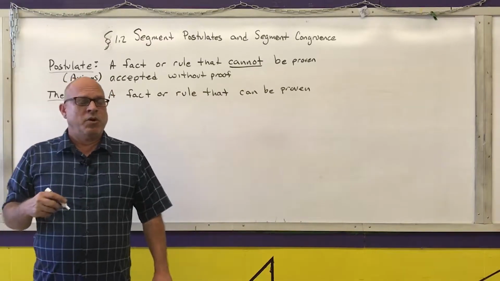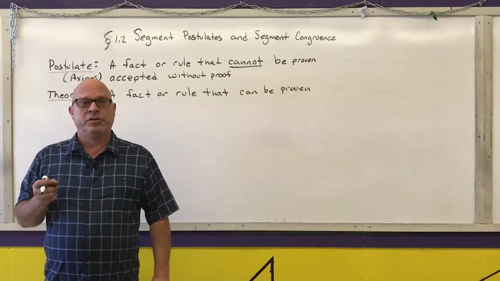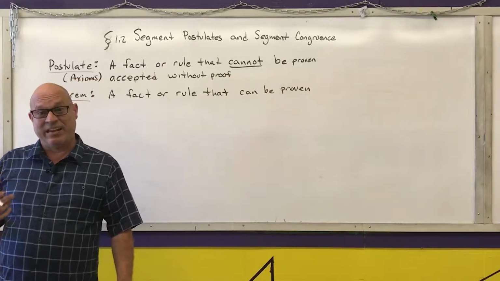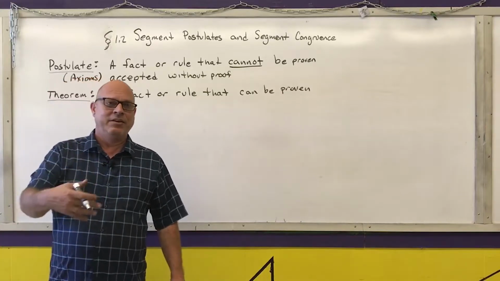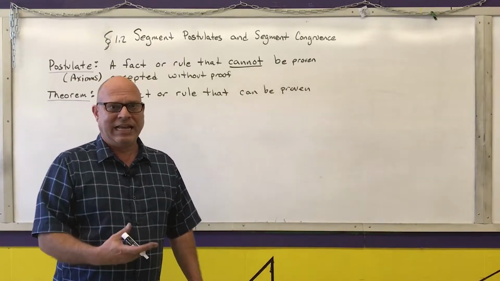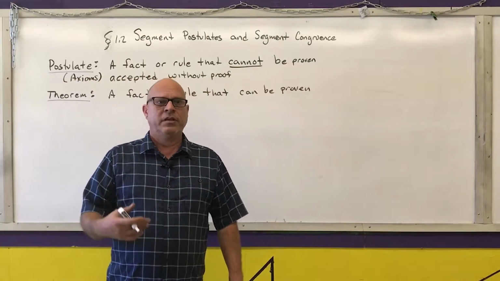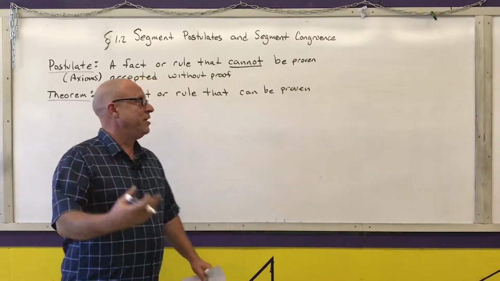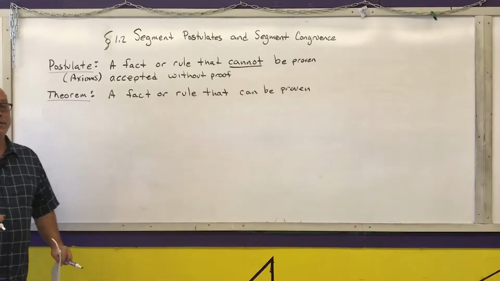Okay? So one theorem that you should know about from middle school or regular algebra is the Pythagorean theorem. I am not going to let you use the Pythagorean theorem in class until we actually prove that the Pythagorean theorem is true using previously known facts. Okay?